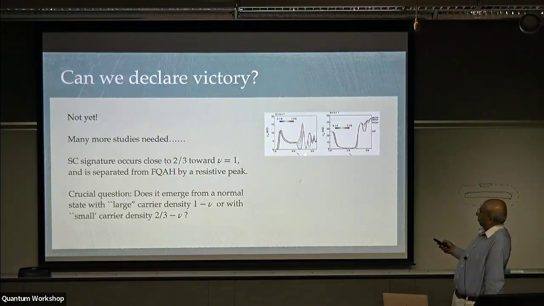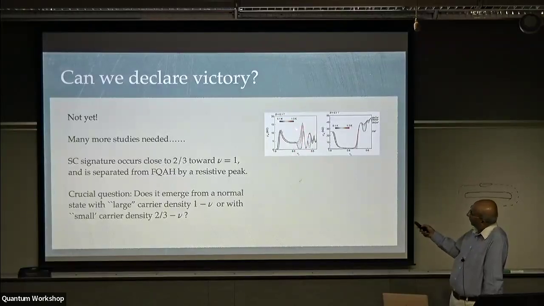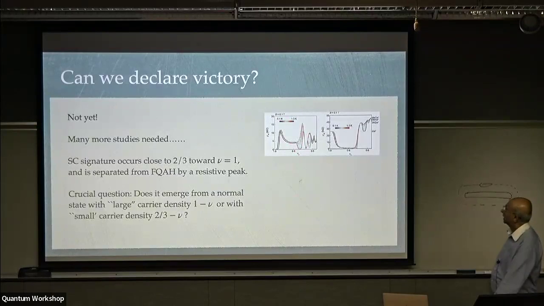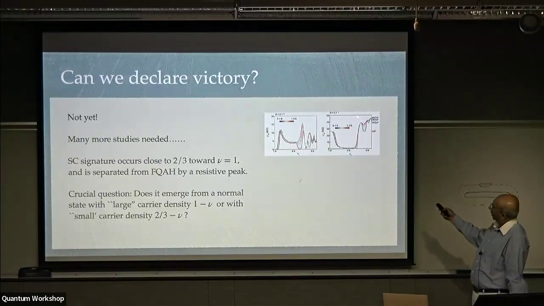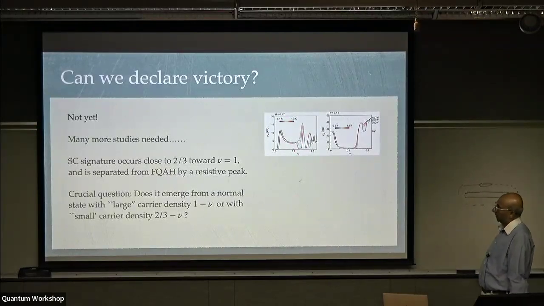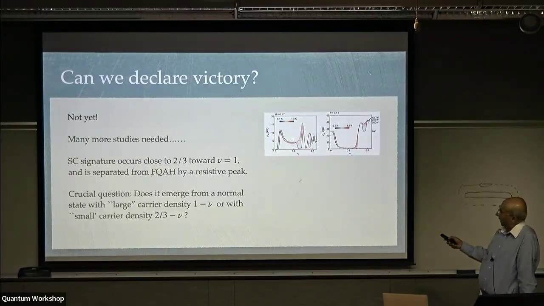One thing one may worry about is this superconductor. So this is the 2/3 state, and this the alleged superconductor, and you see that it's separated by a resistive peak. The resistance goes up to maybe half of the resistance quantum, and the rho xy comes climbing down. So there's a very basic question about the normal state out of which the superconductor emerges.